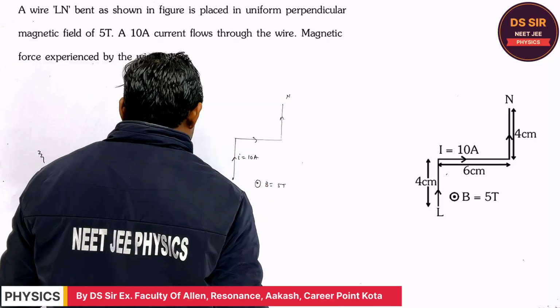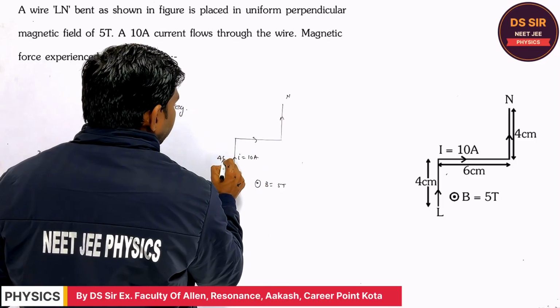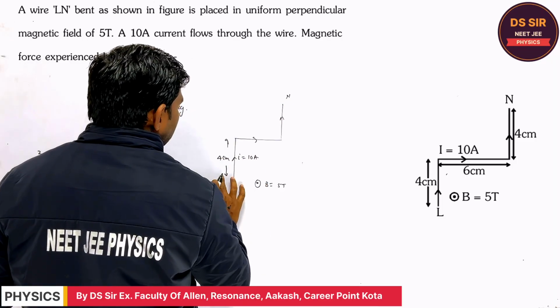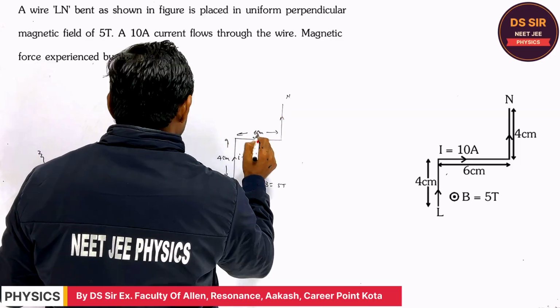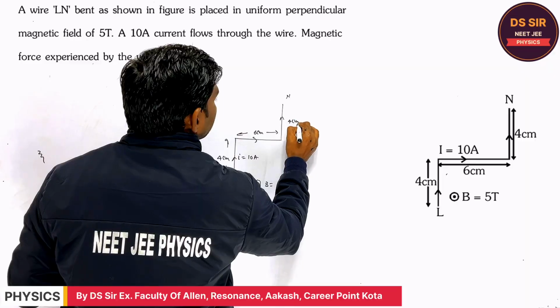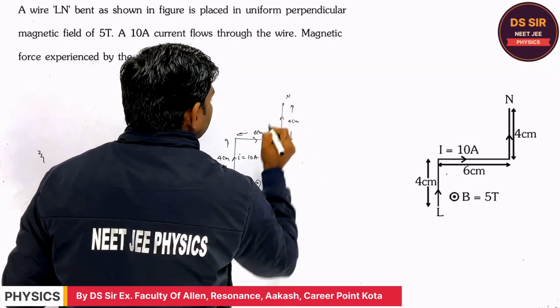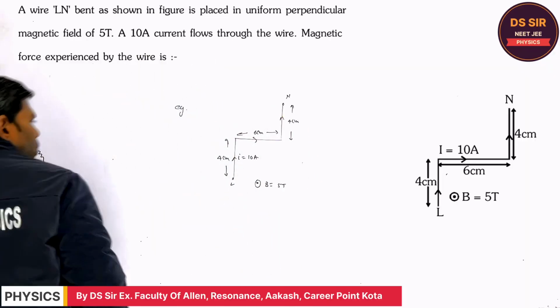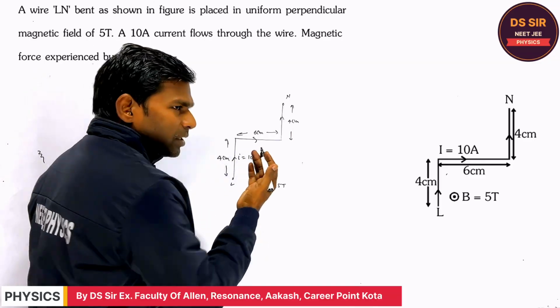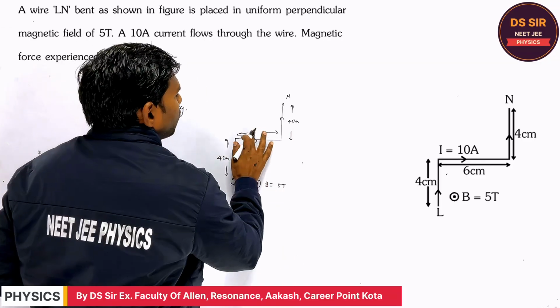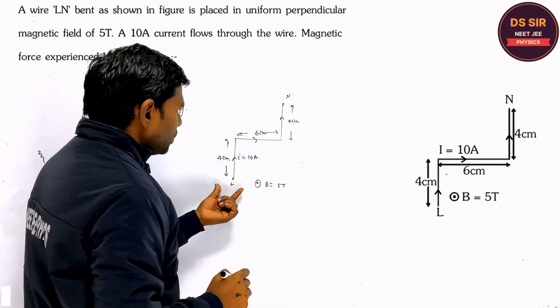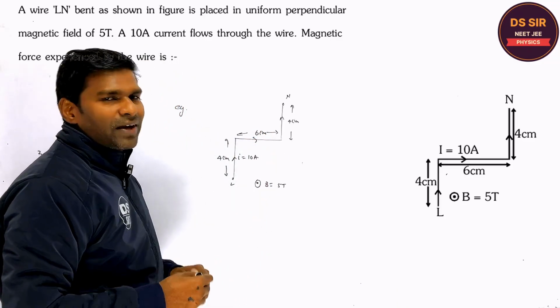So we have to find the magnetic force such that its length is what? Say 4 centimeter. It is 6 centimeter, it is 4 centimeter. Is it clear or not, you tell? So now to find the magnetic force on the wire placed in the perpendicular magnetic field, what you have to find? You have to find the effective length.